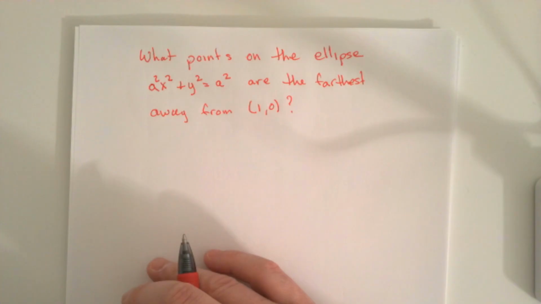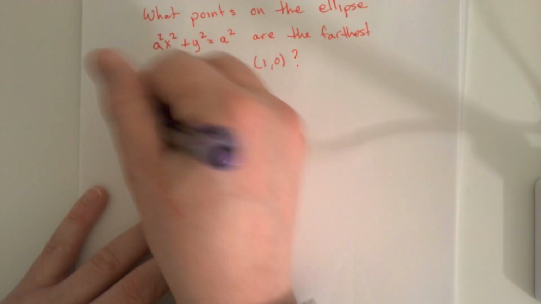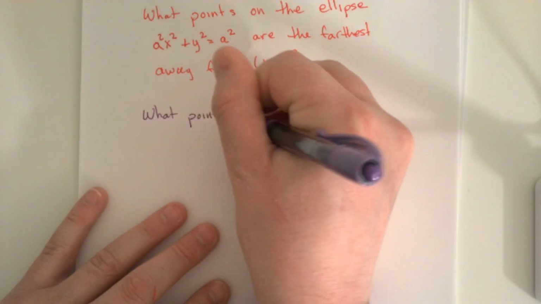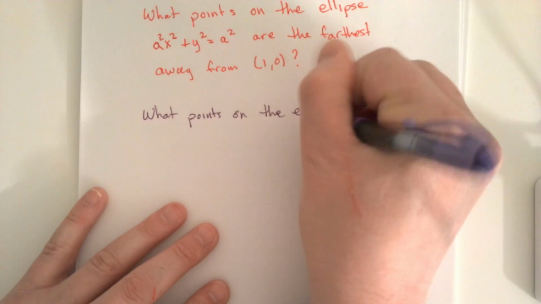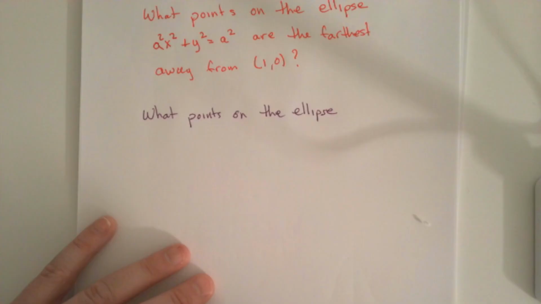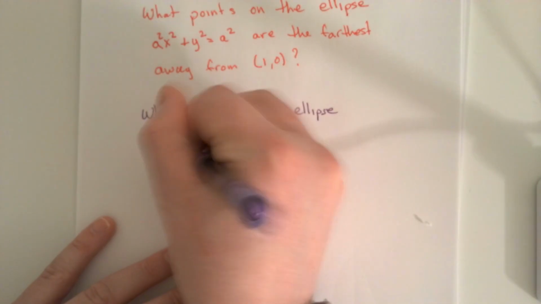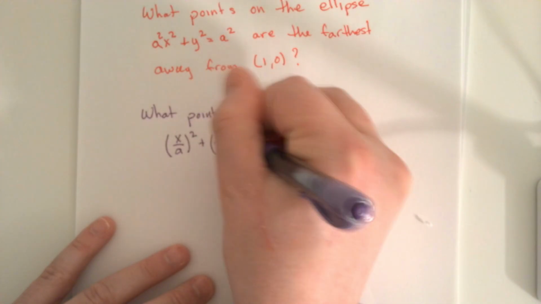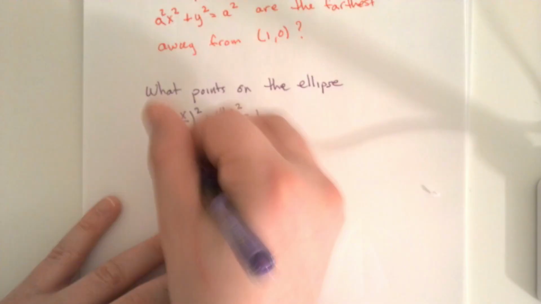When a was 2, we should get the same answer as we got before, where x was negative 1/3. And if you want to generalize it even further, you could ask, what points on the ellipse, and now we're just going to write a general ellipse here, x over a squared plus y over b squared equal to 1, which is the same, by the way.